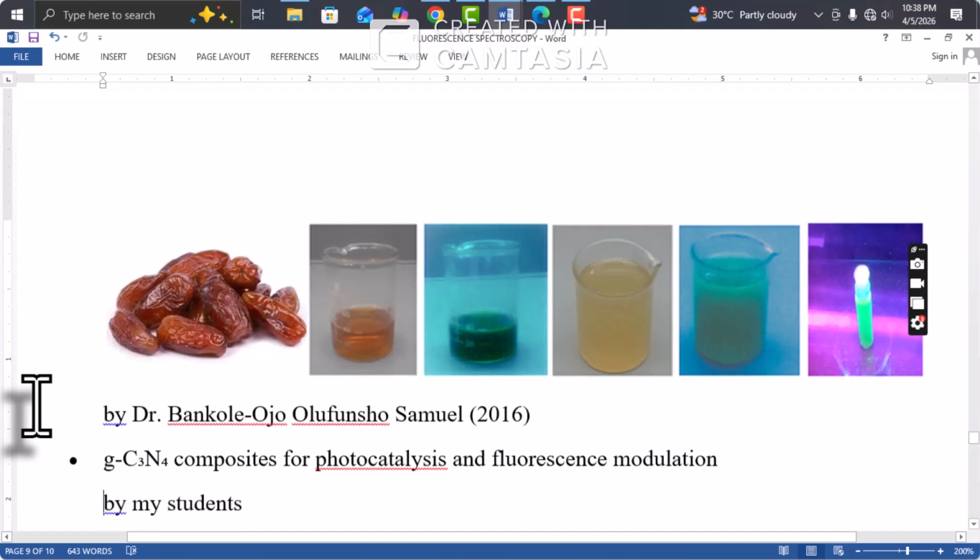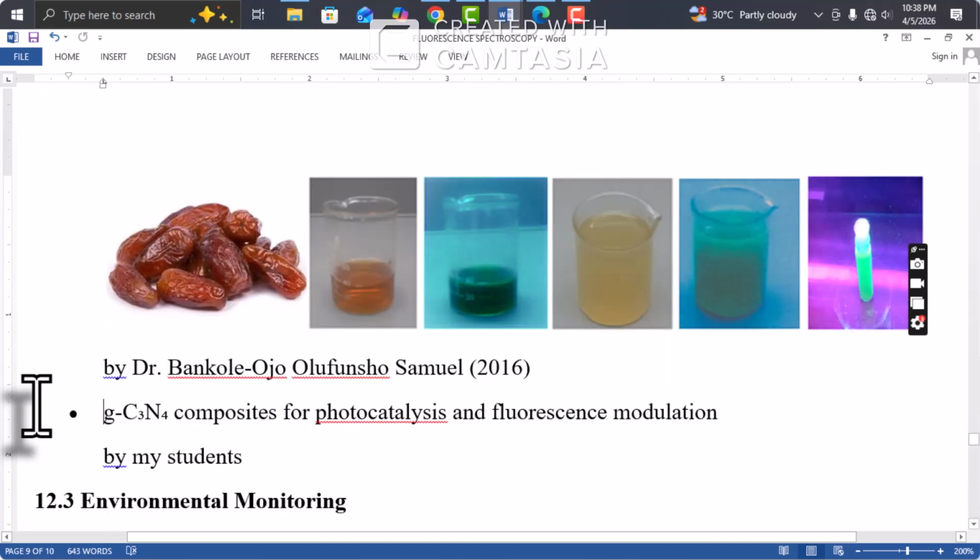Then my students are also producing this year. The final year students, I'm sure they don't know that it's fluorescent. I'm not sure that it is fluorescent, but I'll test it. They are producing this graphite carbon nitride, that's g-C3N4. I have about 6 final year students producing this year.